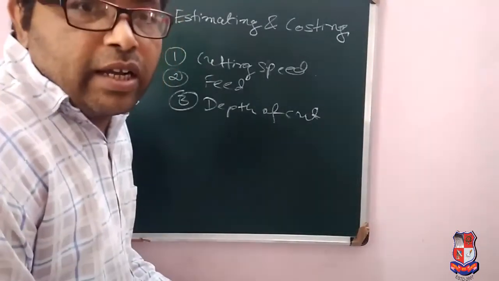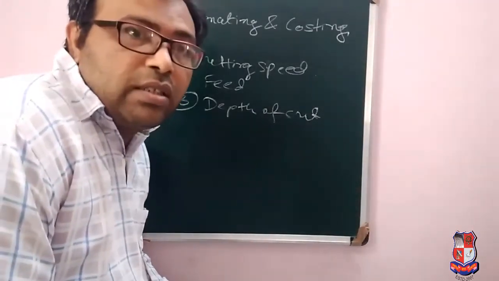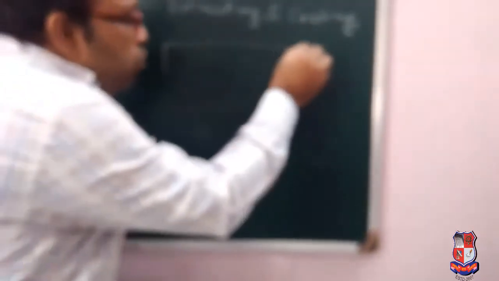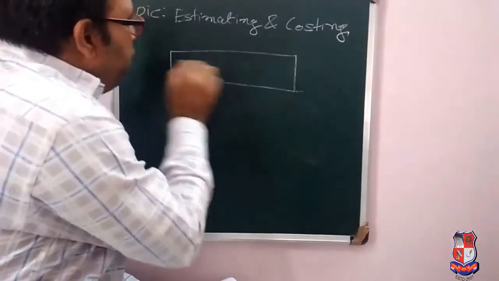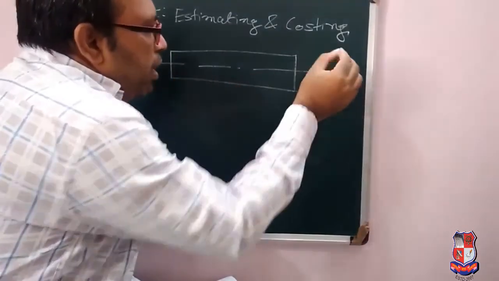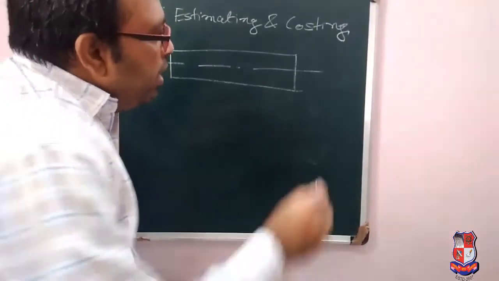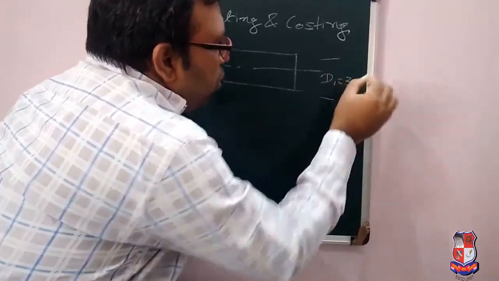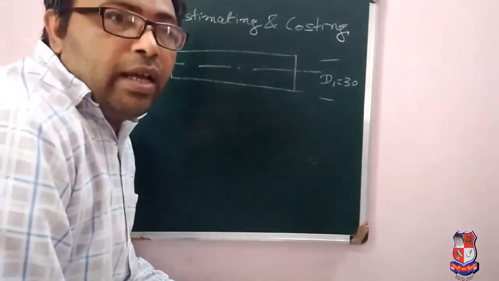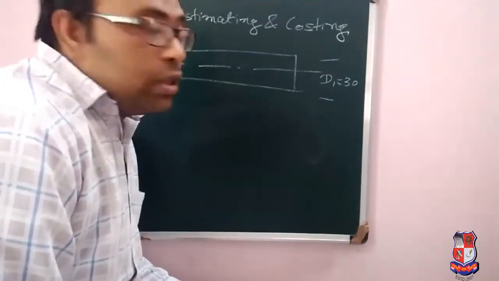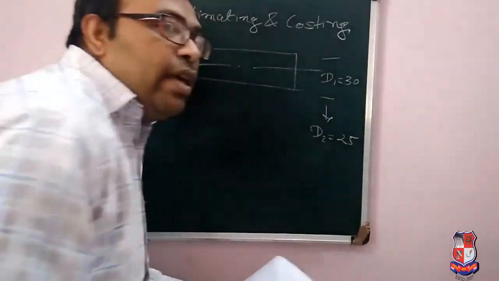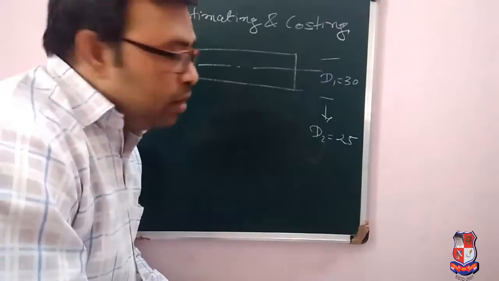basically and other data. So to understand this, take an example that here we have a round piece of a material or metal and its initial diameter d1 equal to 30 mm, and we want to reduce it up to d2 equal to 25 mm in one cut.